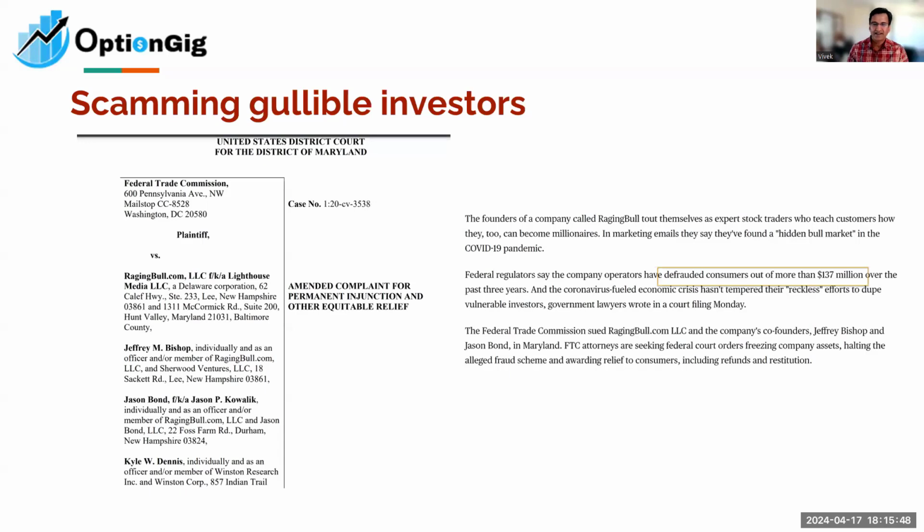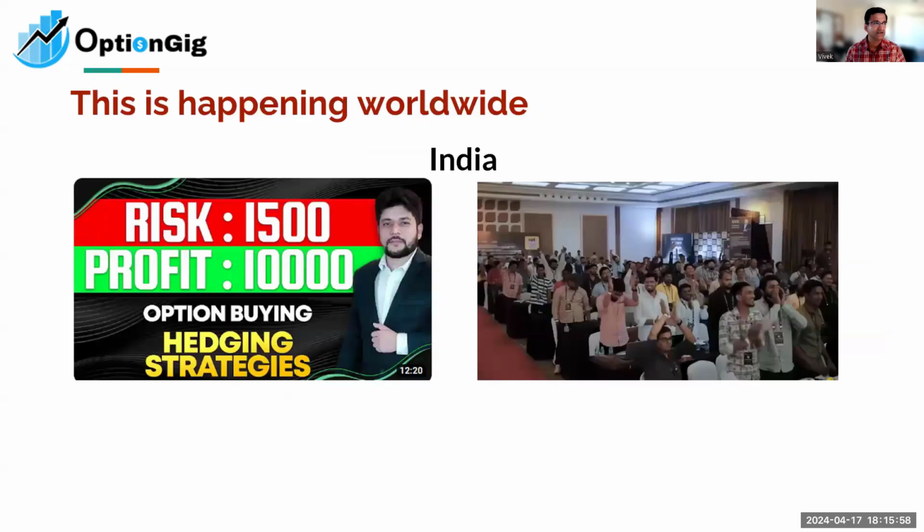In their ads, they will be talking about options, they'll be teaching options, but in reality, they were just scamming people. And now I'm seeing that this is happening not only in the US, but in India as well. There are seminars being conducted with hundreds of people, charging them tons of money.